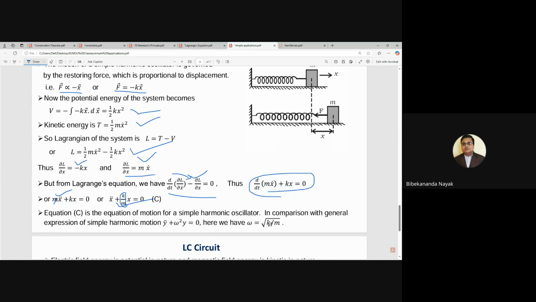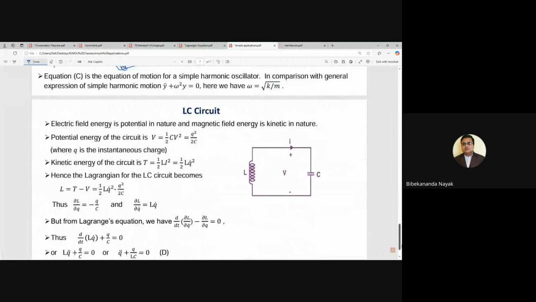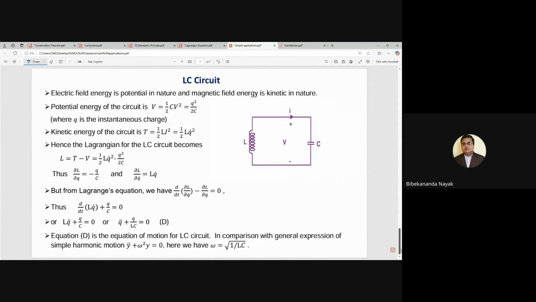Next, another system is the LC circuit, an inductor capacitor circuit. Electrical energy is potential in nature and magnetic energy is kinetic in nature. The capacitor stores energy half CV square, which becomes Q square by 2C.